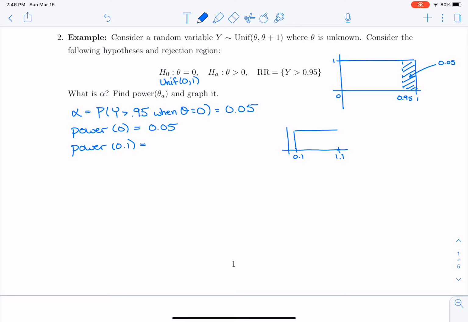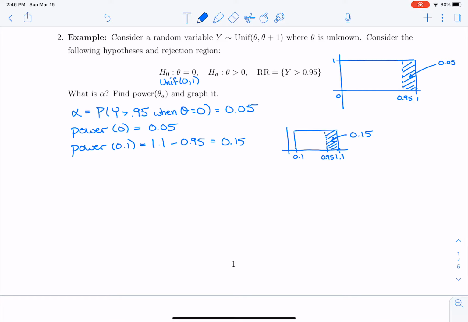There's our probability distribution, and our rejection region is going to remain at 0.95. So the area there is 1.1 minus 0.95, which is 0.15. So the probability of being in that rejection region is 0.15, given that our alternative theta is 0.1.